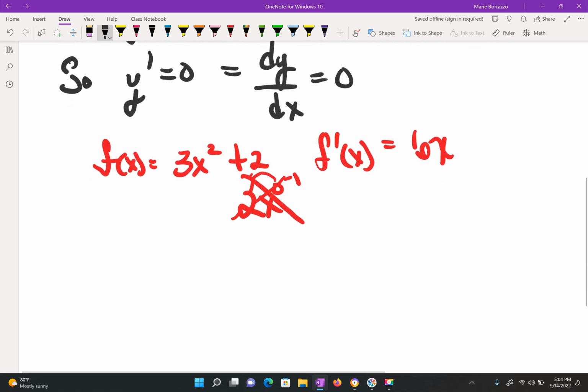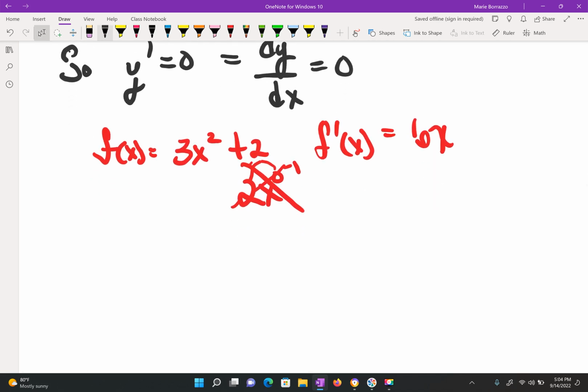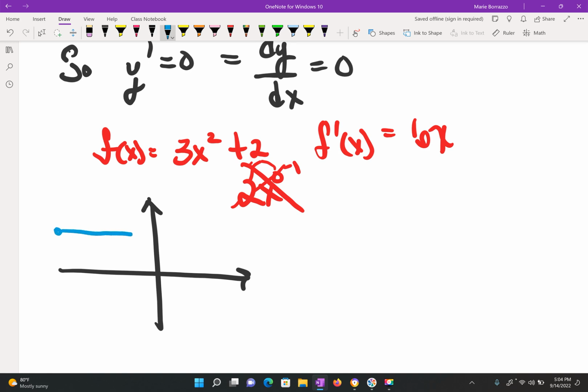Graphically speaking, if this is your xy plane, and you have a line, let's say hypothetically at y equals 2, that represents f of x, which is a constant.